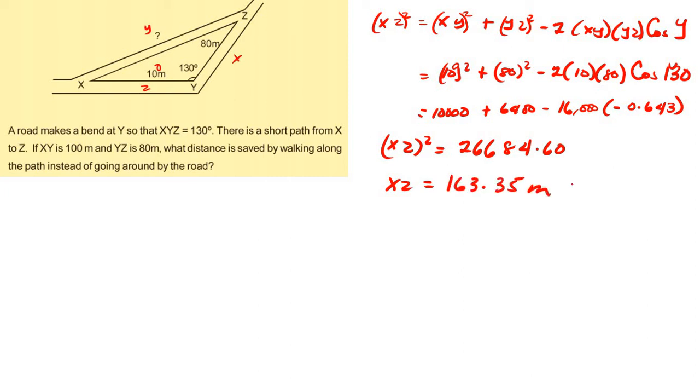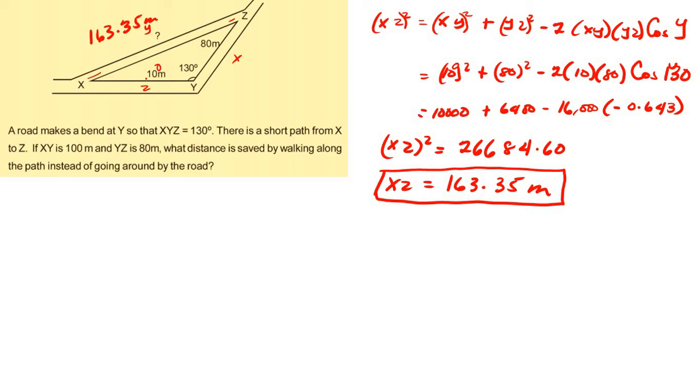This is now the distance of the path from this to this, and that is equal to 163.35 meters. However, it says here, what distance is saved by walking along the path instead of going around?